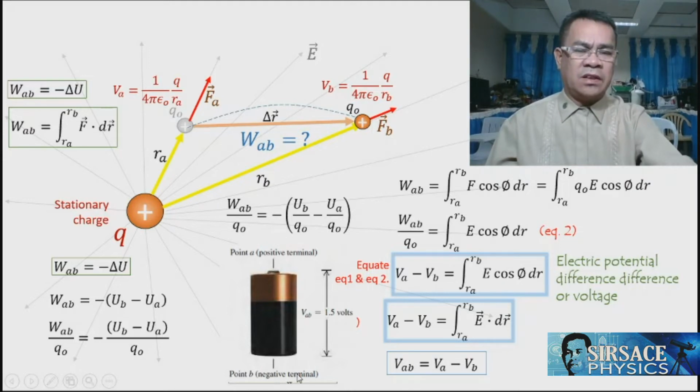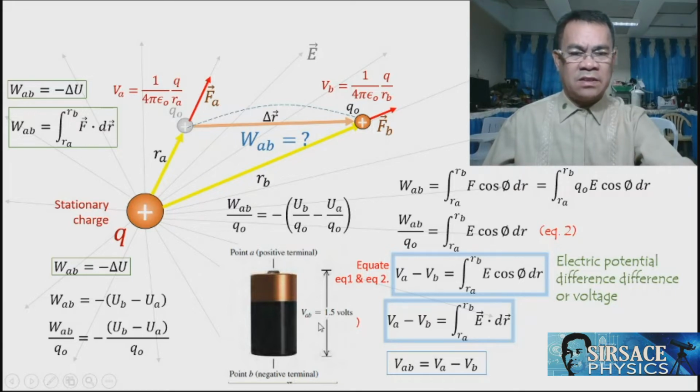That's why the negative terminal we sometimes call the ground. If it's a ground, it is zero volts, zero potential, and we have high potential. So in the high potential A, this is 1.5 volts, and this is zero. Take the potential difference.